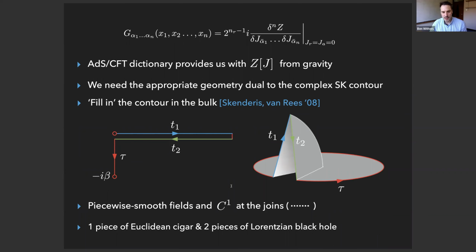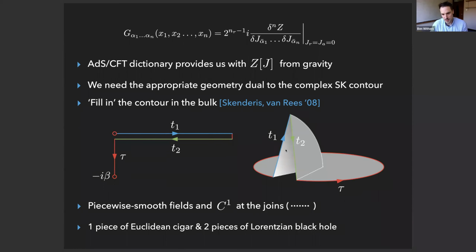And one way we can do that in this current context is to fill in the bulk using piecewise smooth geometries. For instance, we have this Lorentzian piece of the contour in blue, labeled with time t1. This we can fill in the bulk with a copy of the Lorentzian black hole, let's say Schwarzschild.